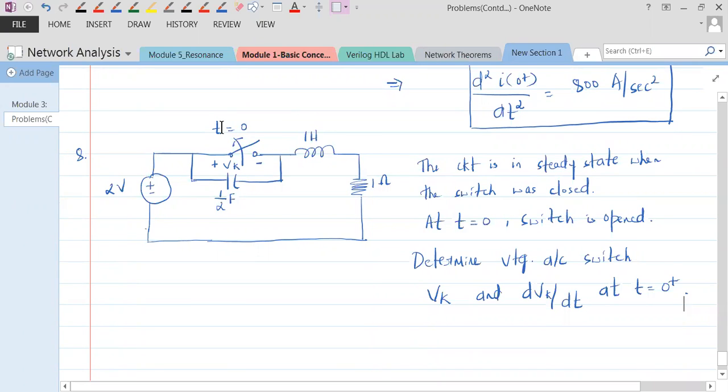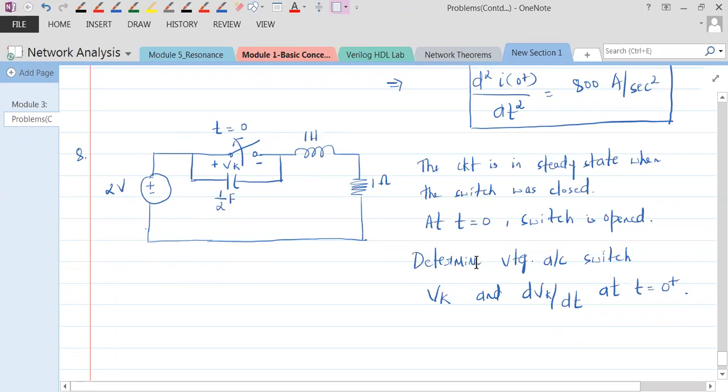That means at t equal to 0 minus, the switch was closed, and it was closed for a long time. See, the circuit is in steady state with the switch closed, which means the switch was closed for a long time. So at t equal to 0 minus, the switch is closed, and that's why at t equal to 0 minus, the circuit is at steady state.